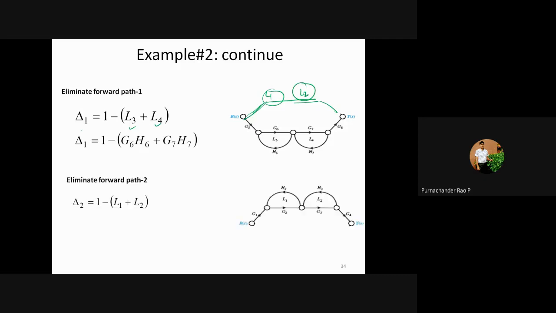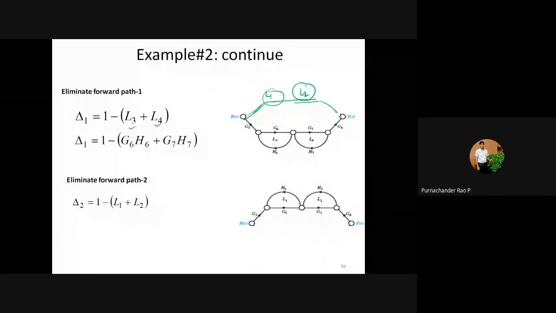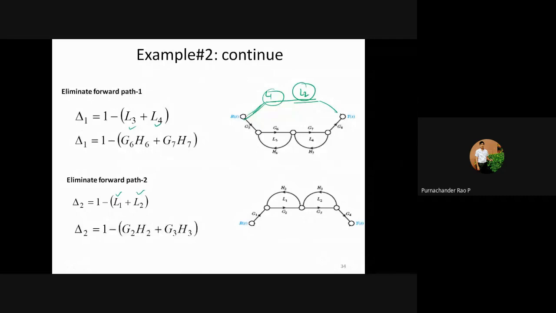Next one, we need to consider the second forward path. So this forward path is considered, and for this forward path, L1, L2 are not touching, and therefore we need to include this one, L1 and L2, and this value of delta 2 is given by this relation.